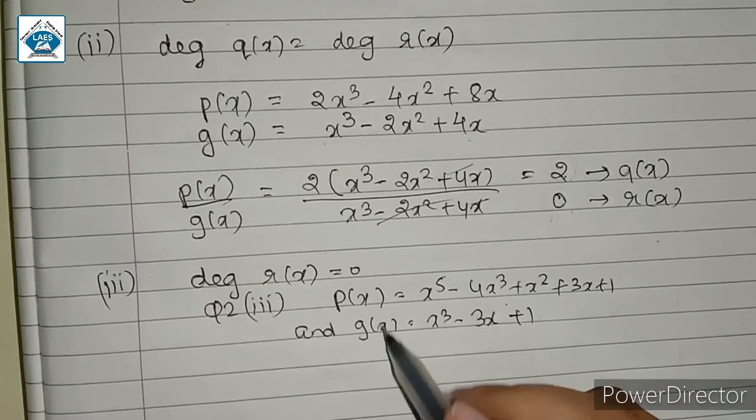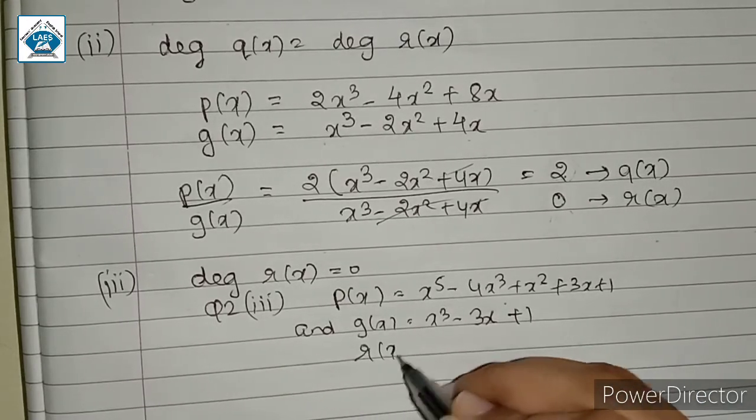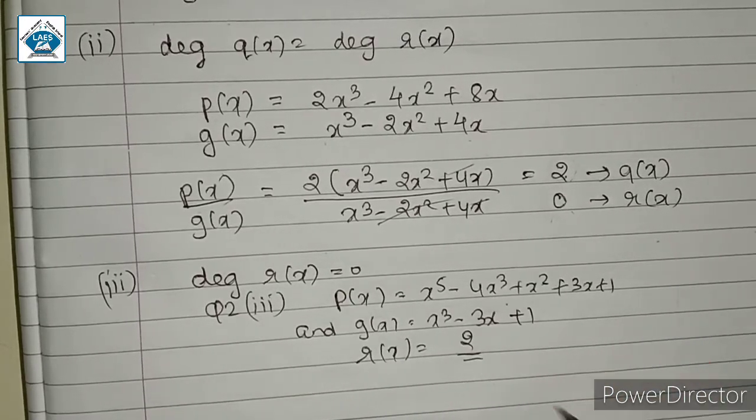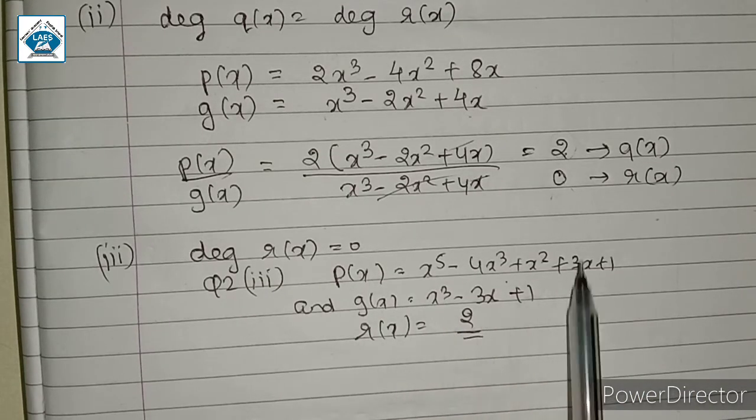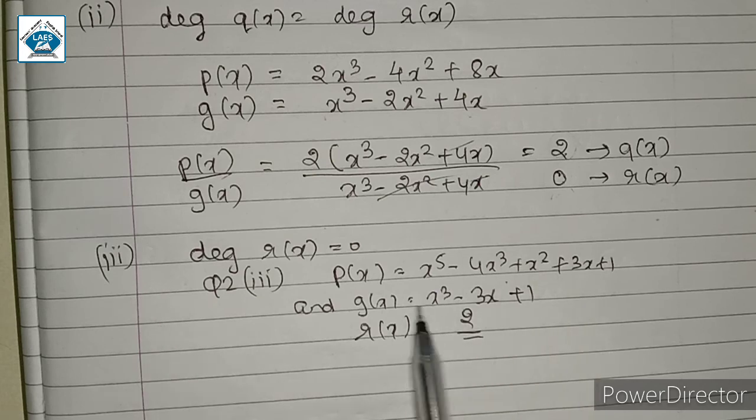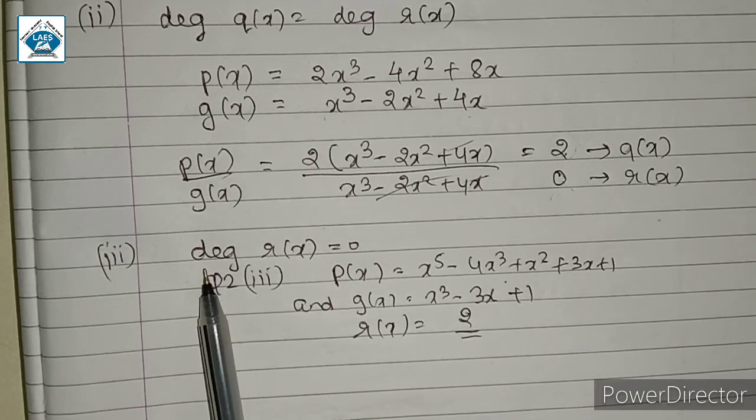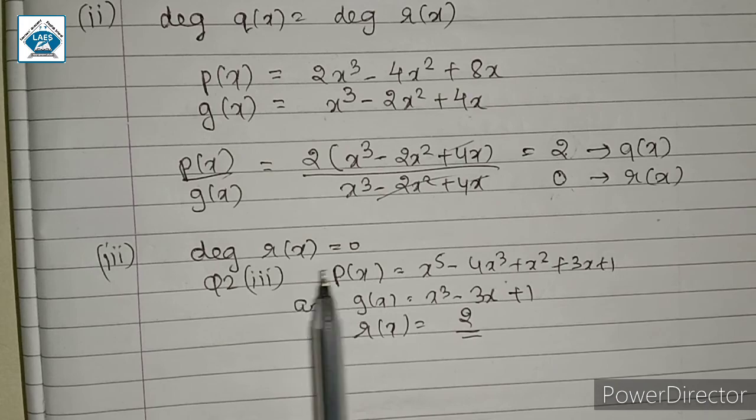So when we divided p(x) by g(x) we got r(x) is equal to 2. We have already solved this question. So over here degree of r(x) is equal to 0. This is also one of the examples of polynomials whose degree of remainder is equal to 0.